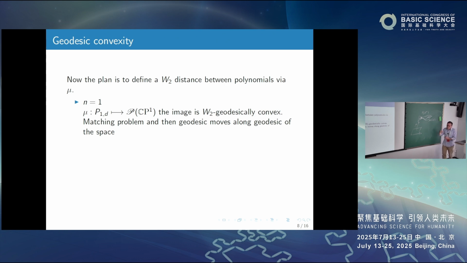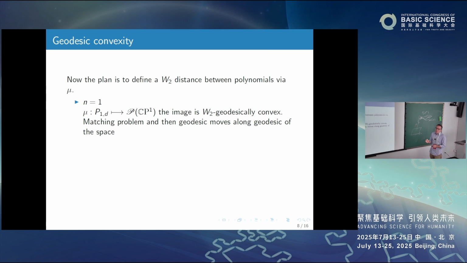I just want to define a W2 distance inside my space of admissible measures, because I do not want to take a path that is not taking care of the fact that I'm transporting polynomials.